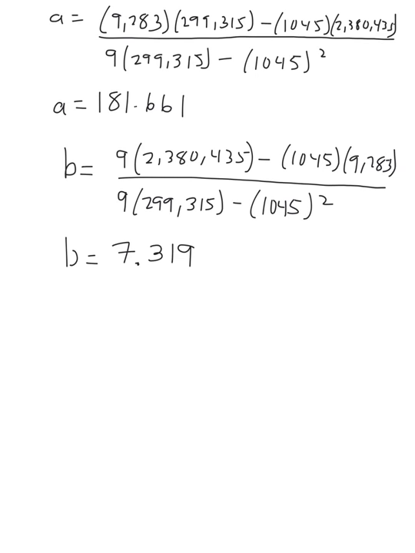So putting the A and B together, you have y prime equals 181.661 plus 7.319x. So it's always in the form y hat or y prime. In this case, let's change it to the prime.